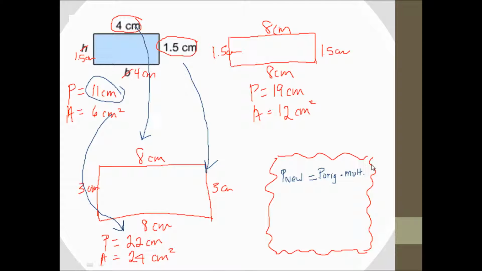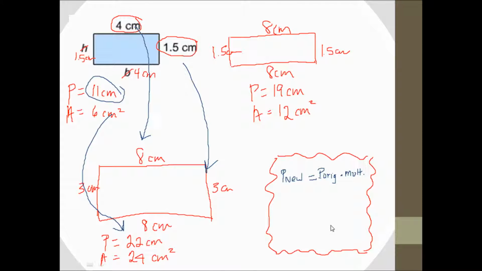If I quadruple that 4 centimeters and make it 16 centimeters, then the perimeter is just going to quadruple. I have to actually quadruple both lengths, the 4 and the 1.5, or multiply the 4 and the 1.5 by 3. Okay? So your new perimeter is always based on your original perimeter times whatever you multiplied it by.